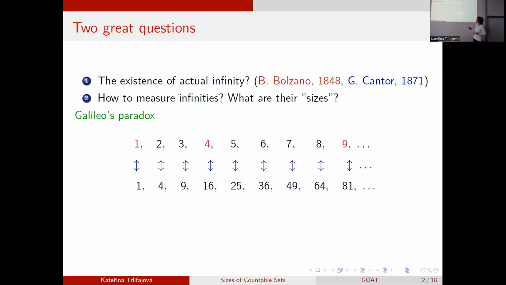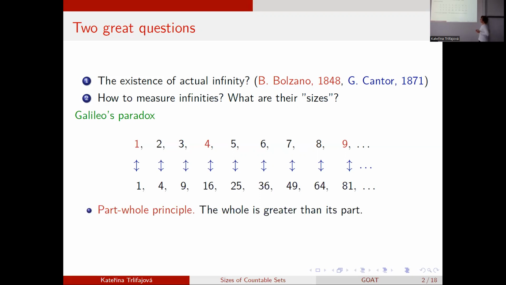On one side, there are fewer squares than natural numbers because only some numbers are squares. But on the other side, for every number, we can find its square: 1, 1, 2, 4, etc. So from this point of view, there are as many squares as numbers.